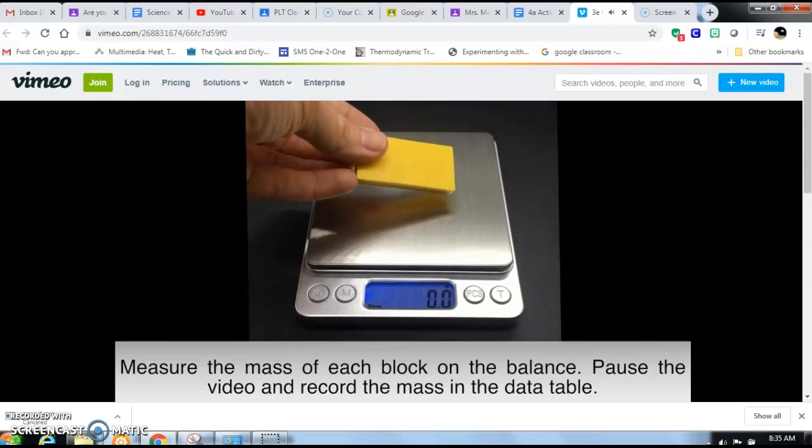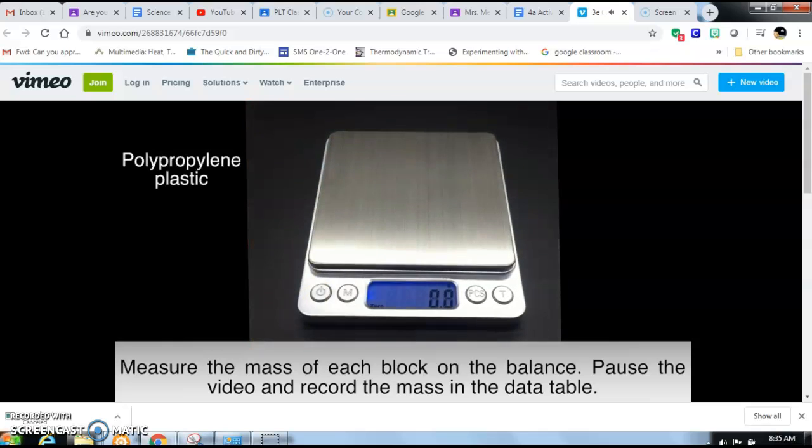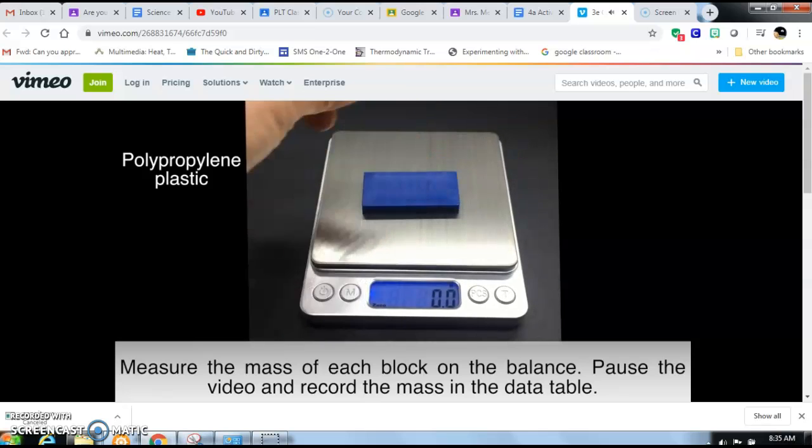Measure the mass of each block on the balance. Pause the video and record the mass in the data table. Polystyrene plastic. Polypropylene plastic.